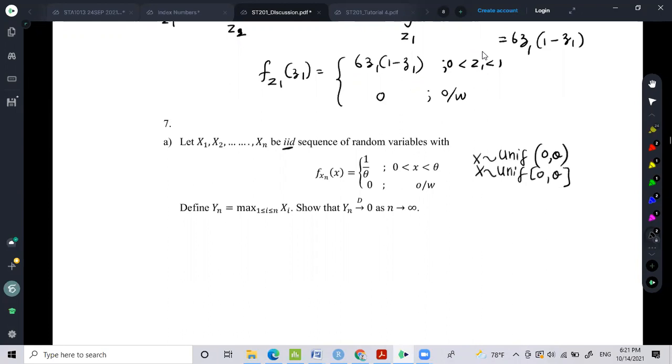So you call them closed intervals and open intervals, right? So this is also very important. Sometimes you will be given X1, X2 up to Xn as an IID sequence of random variables, and without giving this fX, they will give you either the first one or the second one.